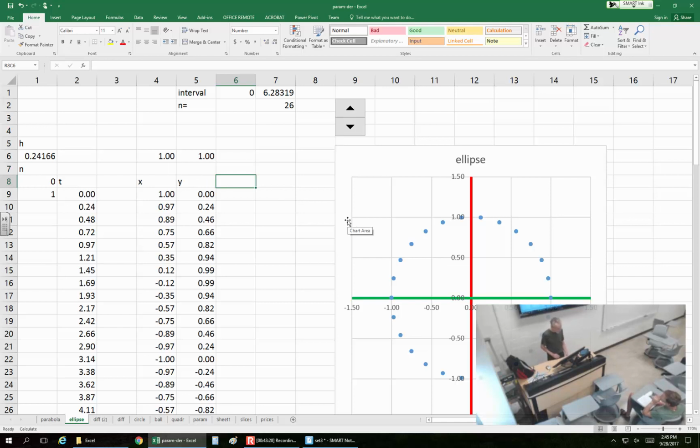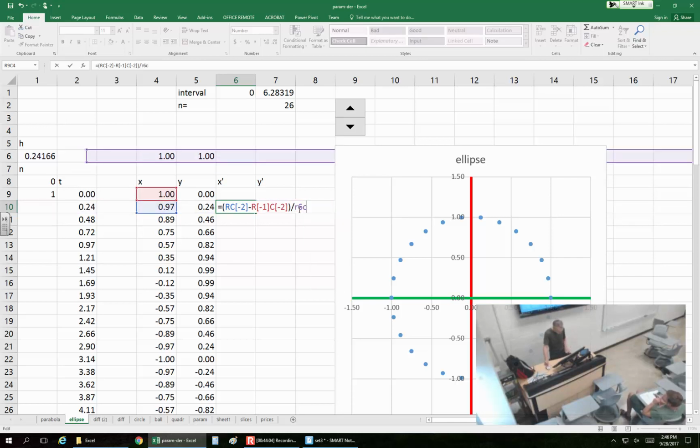So I'll put here x prime, not literally. This is not literally x prime because these will be just the difference quotients, as we have done a few times. So difference quotient. This one is equal to the difference of the two consecutive values of y, of x. I forgot to divide by h. And the difference has to be divided by the length, which is over there, row 6, column 1.